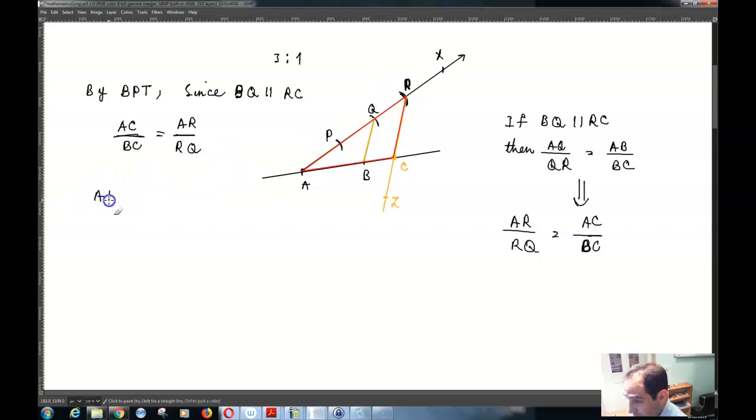Basically AR is 3 units, and RQ is 1 unit. It's 1 unit by construction.